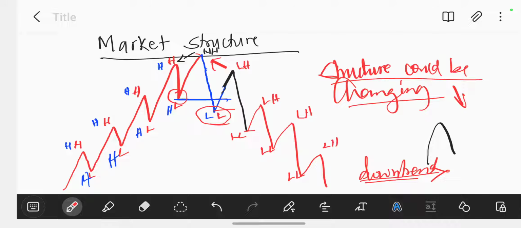So that's a downtrend. Here I just want you to be able to identify the structure. We're not taking any trades. We cannot just use a higher high and a higher low to take trades. Here I just want you to know how to read the structure. In the coming videos, I'm going to show you how you're going to use this concept, your market structure, and how you have to combine it with other concepts, same as how to draw a trend line, and the concept of support and resistance.